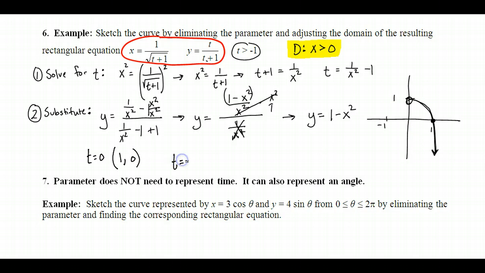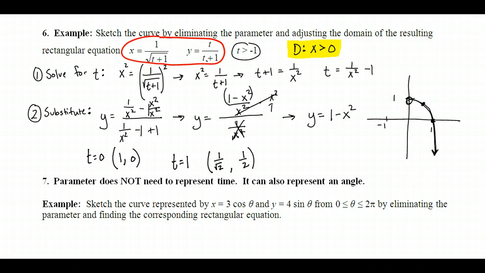Well, what happens when my time is 1? When time is 1, if I plug in my 1, I get 1 divided by the square root of 2. And when I plug in my 1 into the y equation, I get 1 divided by 2. Well, I know that this is less than 1. I don't know exactly what it is for sure. That's okay. I know that it's less than 1, and here's 1/2.